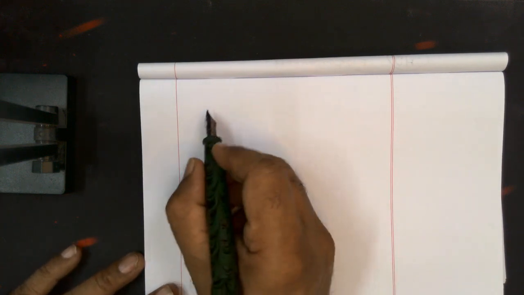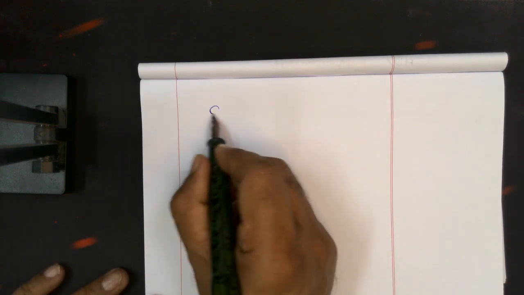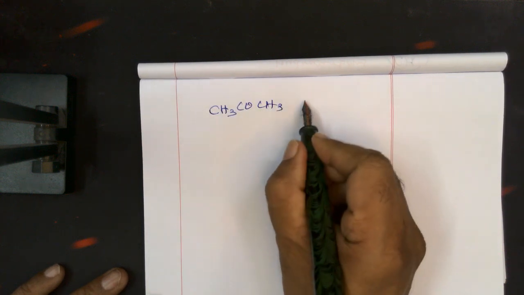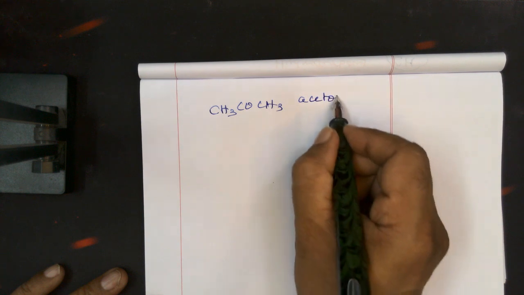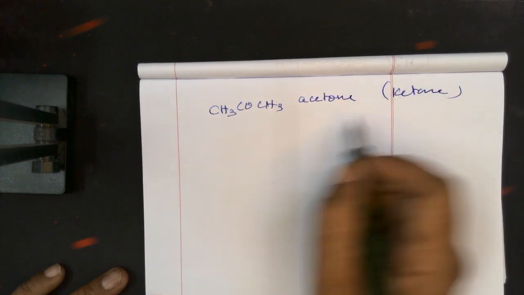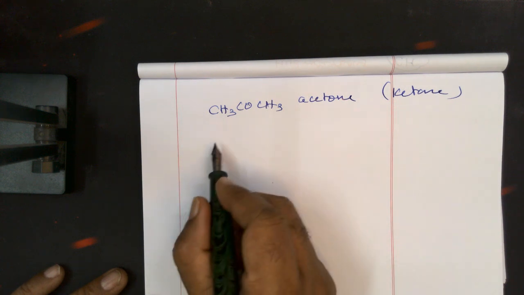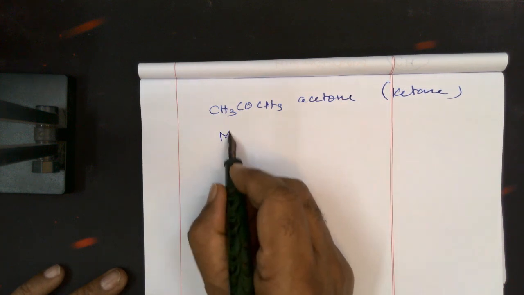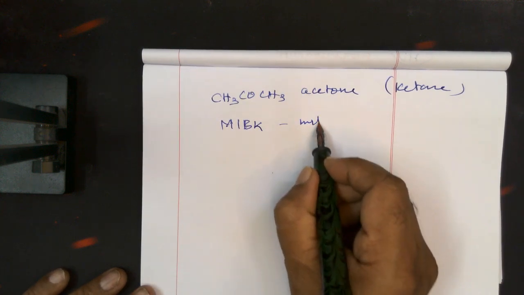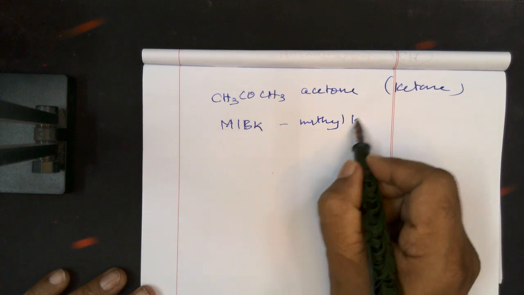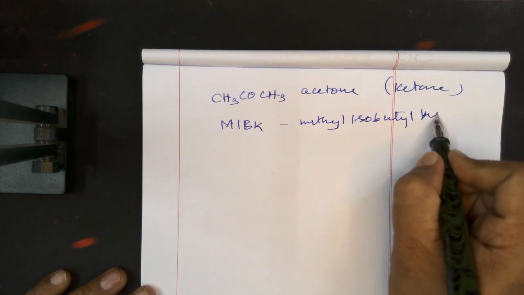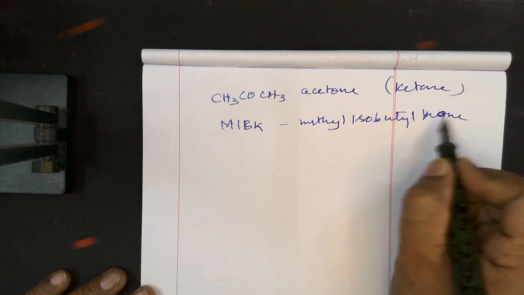And we have some ketones also. For example, CH3COCH3. This is called acetone. This is coming under ketone. And we have another ketone also, that is MIBK, which means methyl isobutyl ketone. This is also an excellent solvent in paint industry.